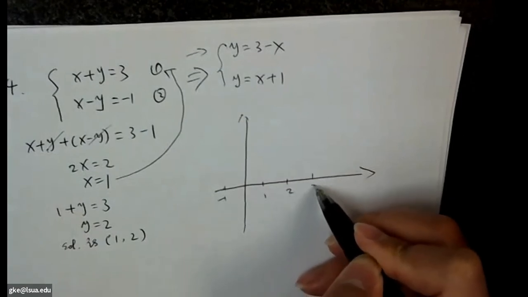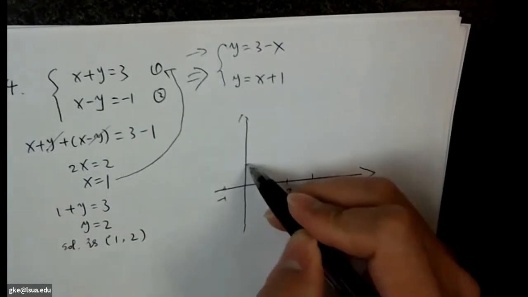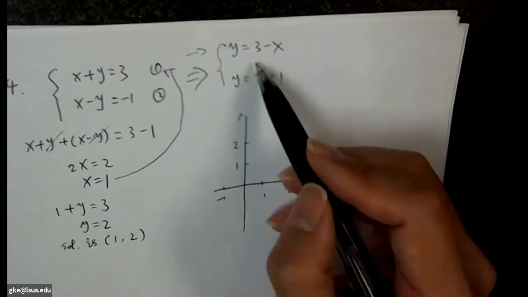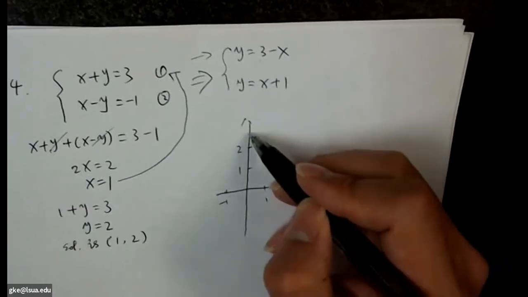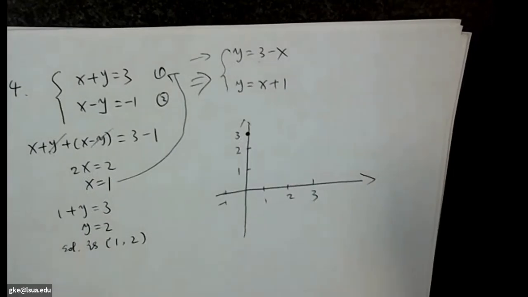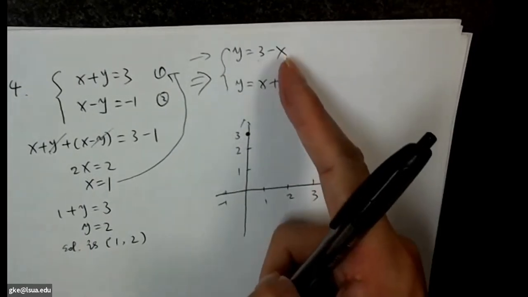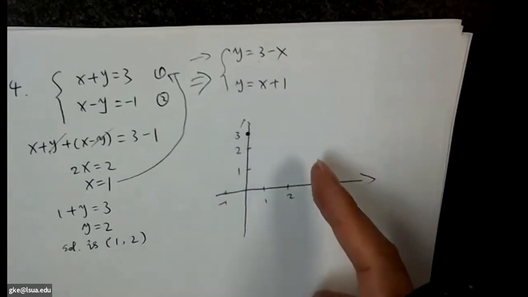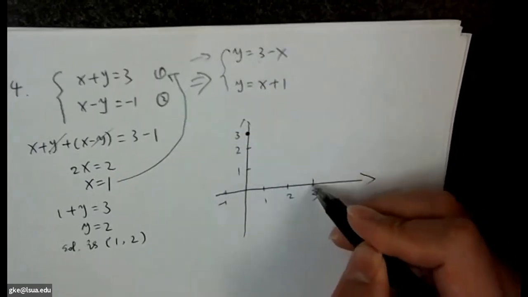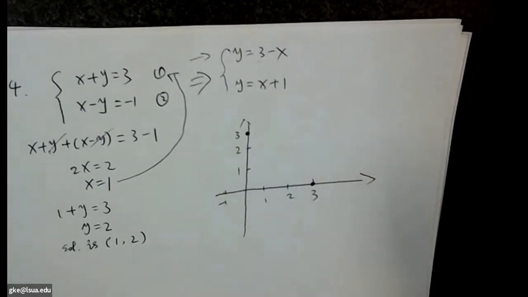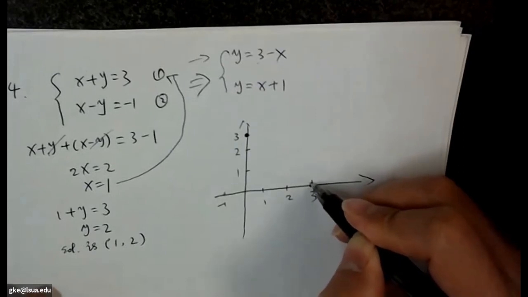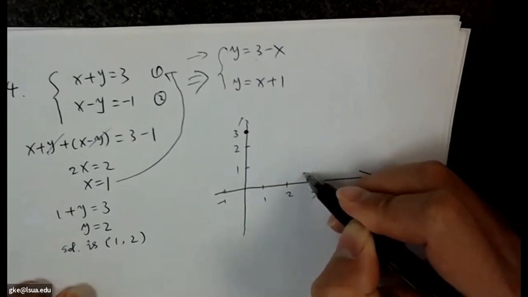The first equation is 3 minus x. If you pick x equal to 0, y equals 3. If you pick y equals 0, x will be 3. So the first equation is a line that goes through these two points.